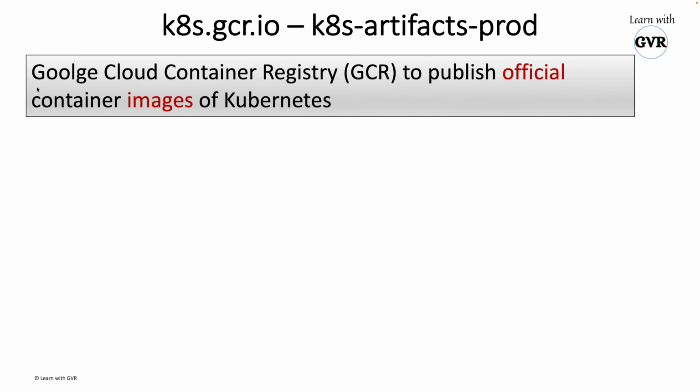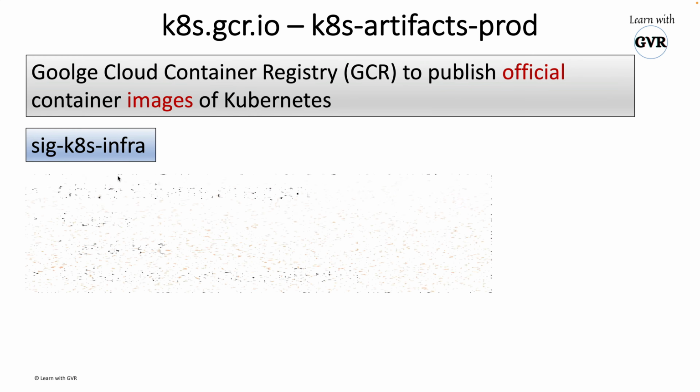Google also has this container registry where they maintain all the official Kubernetes control plane images. This registry was managed by SIG K8s Infra, a separate community team. They maintain all these images and push them.